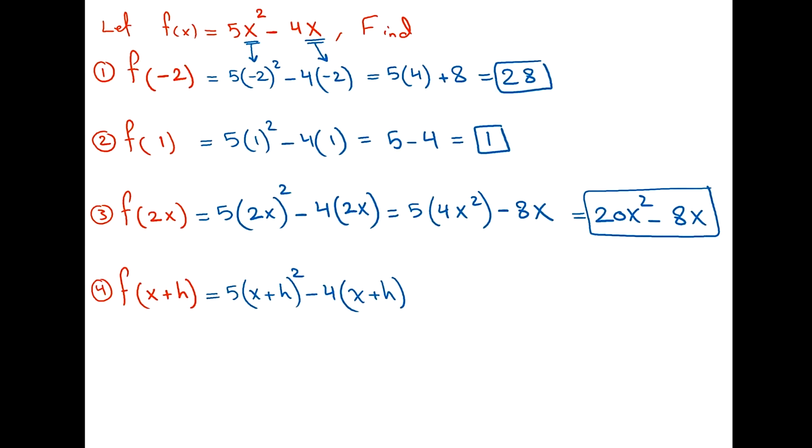This equals 5 times (x + h) all squared, which equals the first squared plus 2xh plus h squared. And -4 multiplied by x, -4x, -4 multiplied by h, -4h.